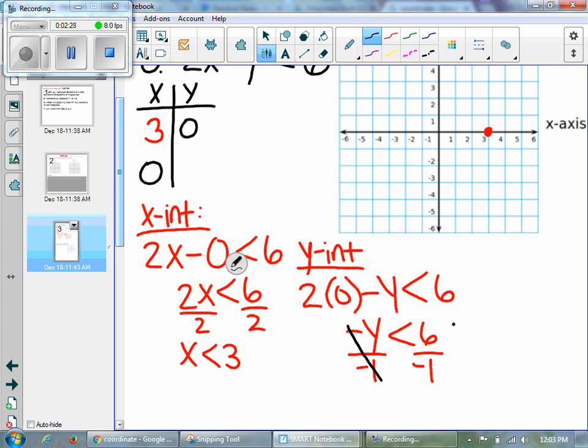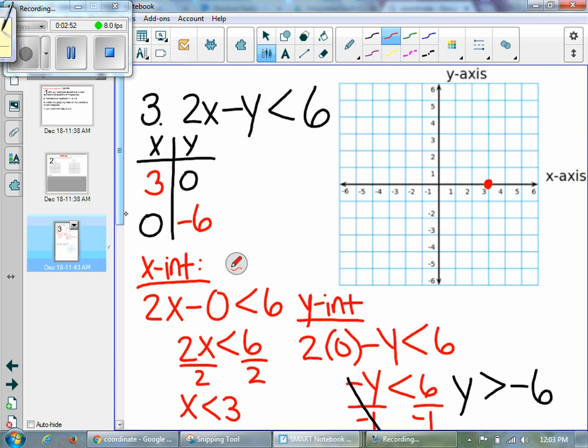So you're left with y. However, when dividing by a negative number, your inequality sign needs to change direction. So instead of a less than symbol, you will use a greater than. And 6 divided by negative 1 is negative 6. That's where your point will go: (0, -6). So let's put a point there on my y-axis, the very end.